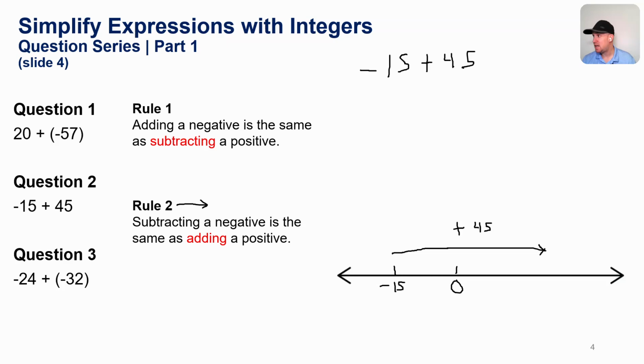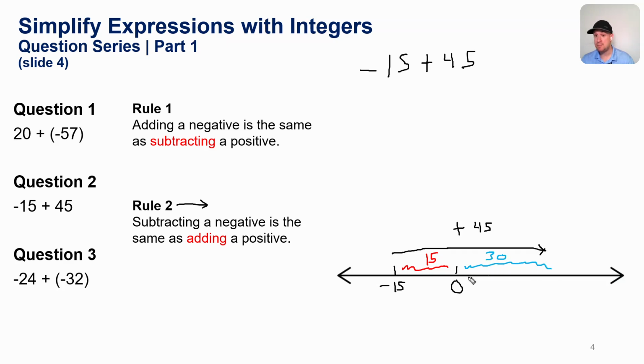Think about it like this. How many dollars does it take for me to go from negative 15 to zero? Well, it takes 15. And then what is the difference? Meaning if I was to essentially subtract 45 and 15, the difference between these two numbers is another 30, right?